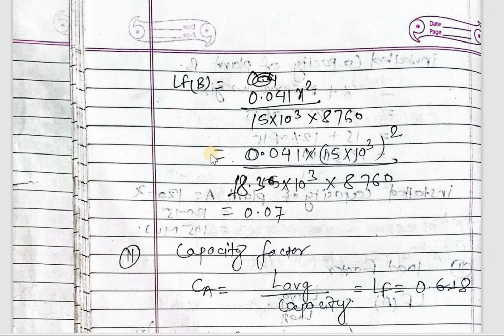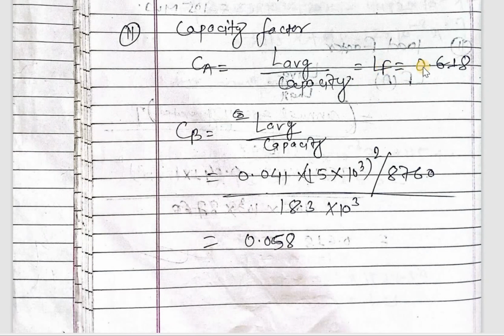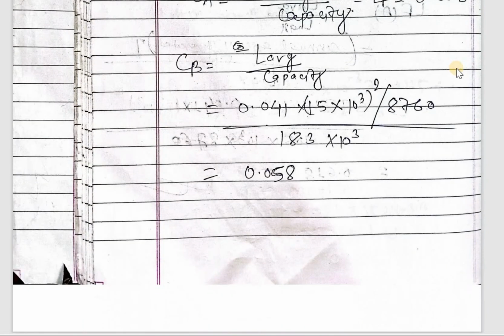And the capacity factor of A is average load upon capacity, that is 0.0168. And for B, do similarly. By simplifying this, we can get 0.058.